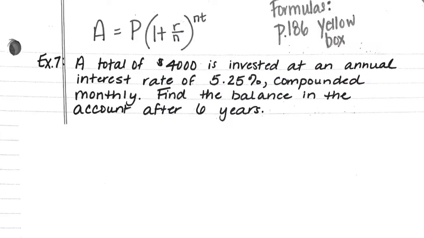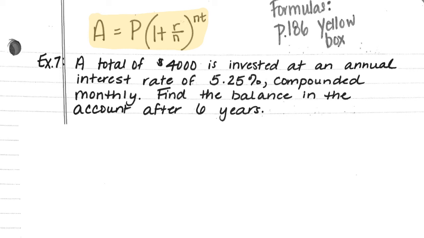If you forget anything from your year of pre-calculus, it's this formula right here, so write it down. Okay, if you would like to look at them, they're on page 186 in the yellow box. Formulas for compound interest after t years, so remember the number t has to be in years, the balance A in an account with principal P and annual interest rate r in decimal form is given by the following formula.